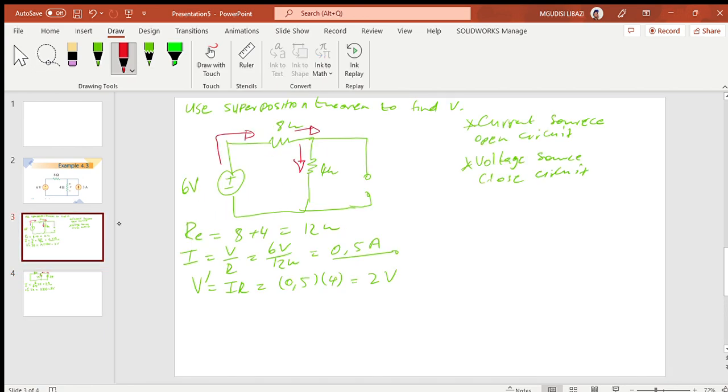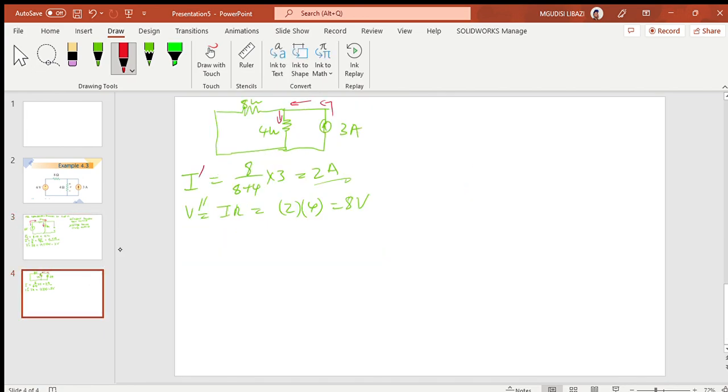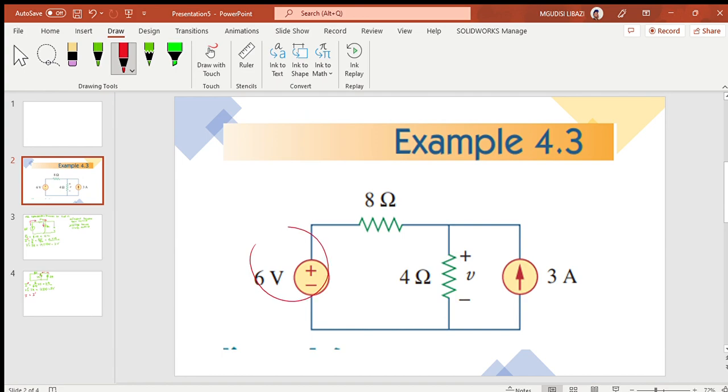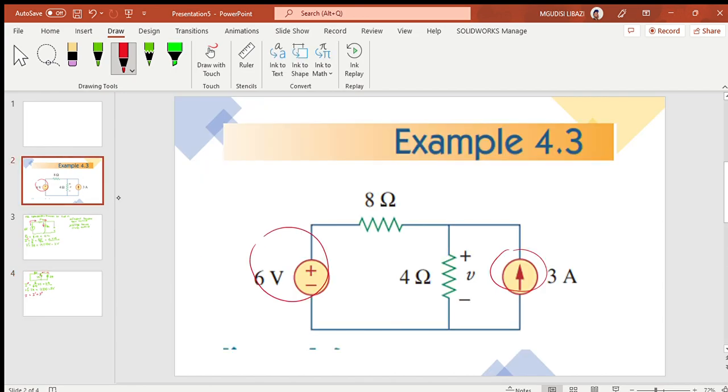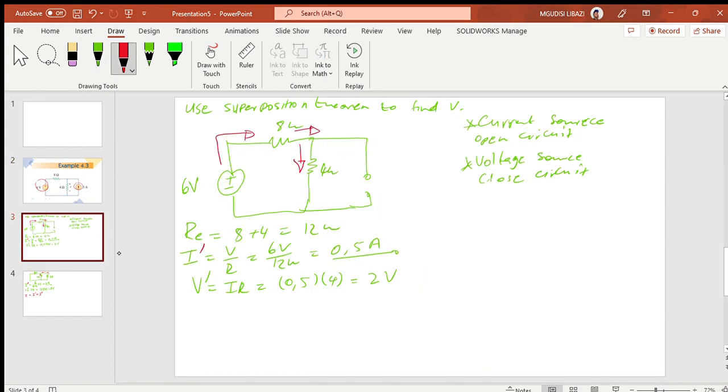So the current here I can call I prime, and for this one I prime prime. To find the actual total current, we add I prime, which we found due to the 6 volt source, plus I prime prime, which we found due to the 3 amp source. It is addition because they are both directed downwards.